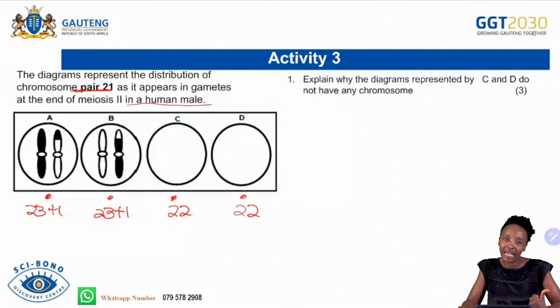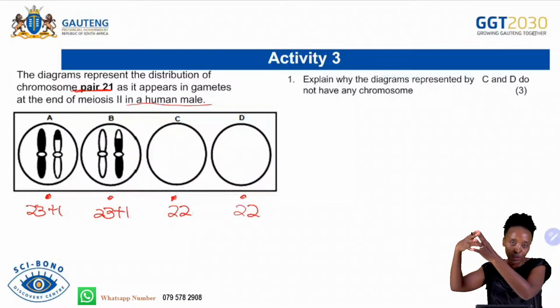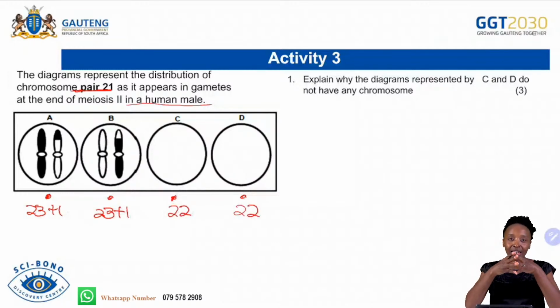So based on what we learned earlier, remember I said it is important to analyze the diagram first before you answer the questions. So if we look at this, we can all agree that what resulted in this is because of anaphase. It happened in anaphase what? Anaphase 1. This is what you need to remember. When non-disjunction happens in anaphase 1, where the homologous pairs move together, it results in 4 cells that are all abnormal.